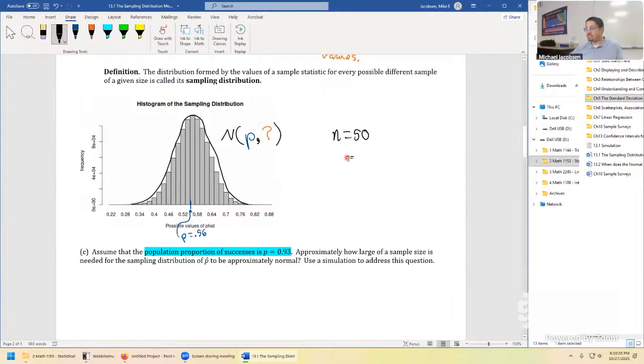And a new question is, approximately how large of a sample is needed for the distribution of p hat to be approximately normal again, just like in this problem? So p hat came from here somewhere. But if you change something about the problem, if p is too close to 0 or 1, or n is not large enough, this picture vanishes once again. So let's pull up that simulation and see what's going to potentially happen.